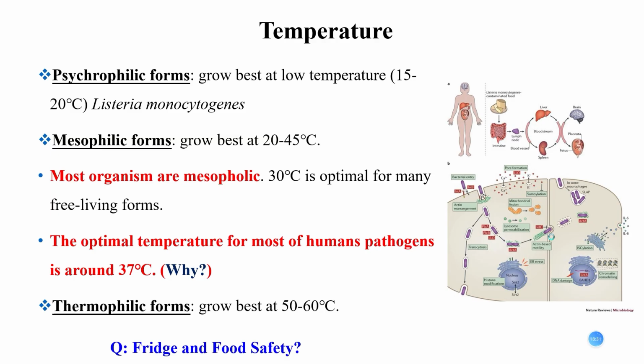So if you go out to have some dinner in a restaurant and you take some leftover home and leave it in the fridge, don't leave it there for a long time, because even in the fridge, some bacteria can grow on the food, on the leftover. And Listeria monocytogenes is one of the major food poisoning bacteria we encounter a lot.